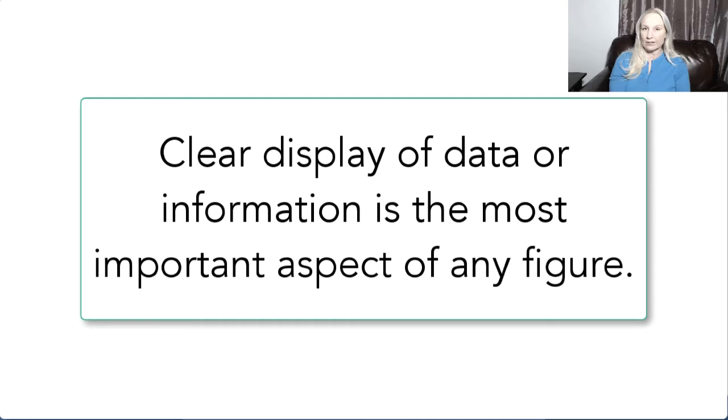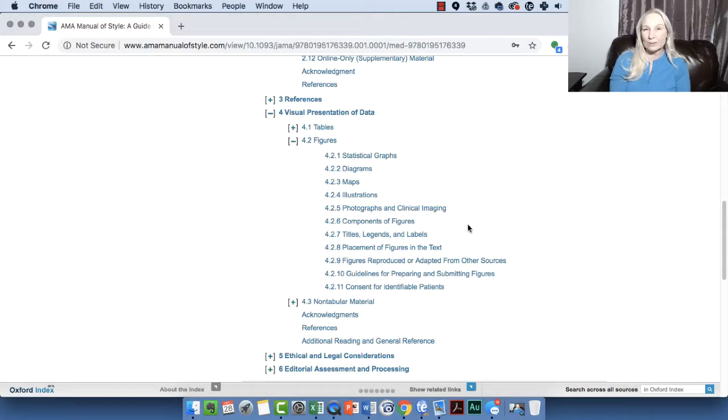So according to the Manual of Style, clear display of data or information is the most important aspect of any figure, much like it is for any part of medical writing. And they go to a little bit of detail for scales for graphs, describing the range of values, axis scales, and axis labels.